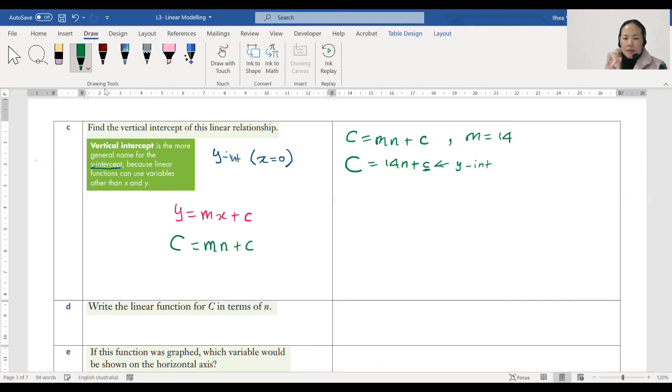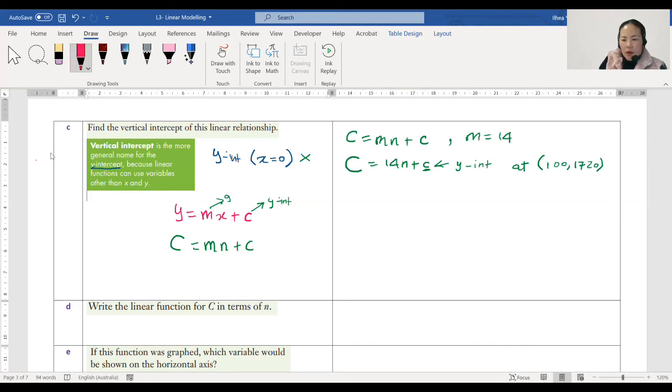Remember, this was a gradient, and this is my y-intercept. So if I want to find the vertical intercept, y-intercept, I just have to find the c. And good thing about this, I don't really have to use x equals 0. I can just use any point from the table of values to put it in. So what I'm going to choose is 100 and 1,720. That was a second point from the table. So I'm going to substitute in.